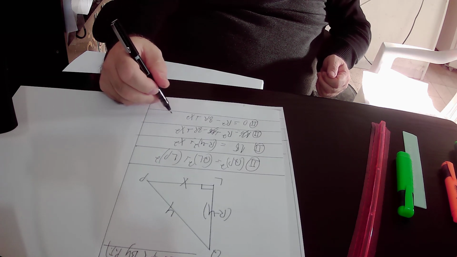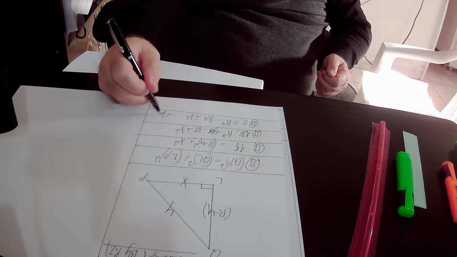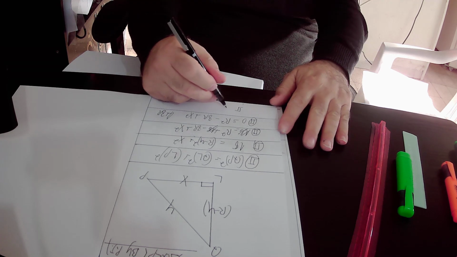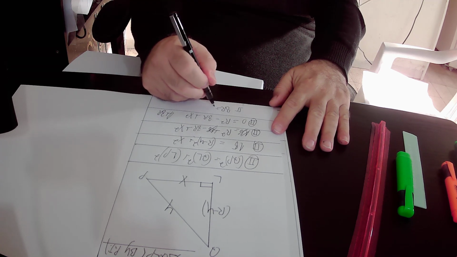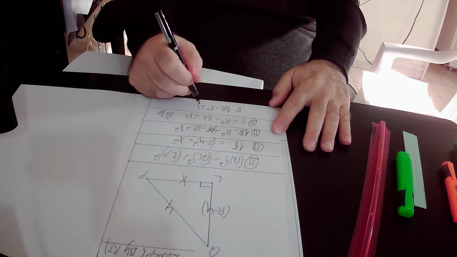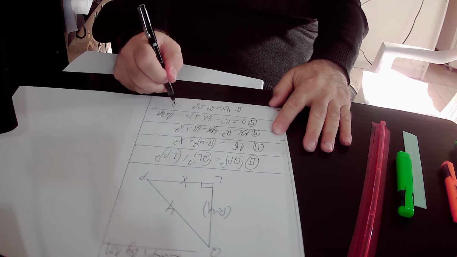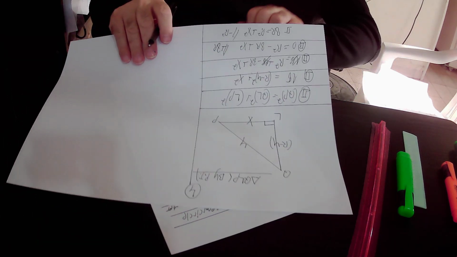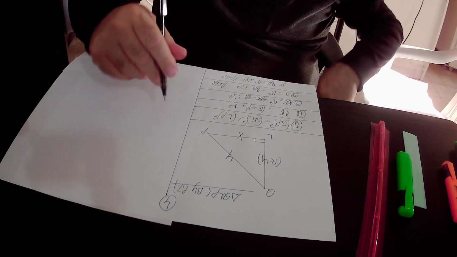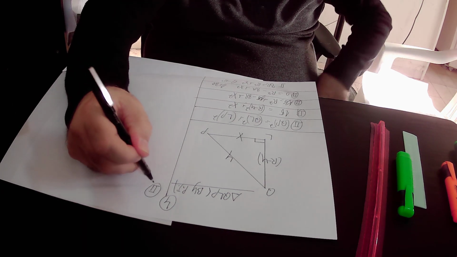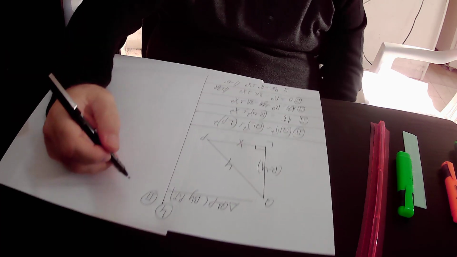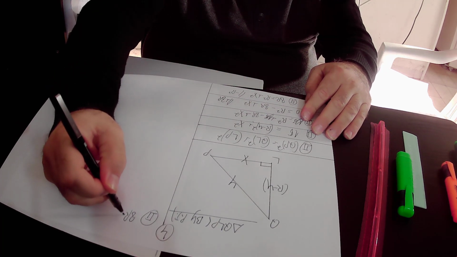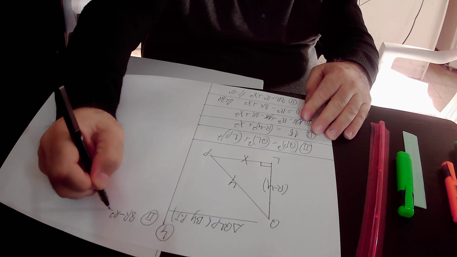Here we will add 8R to this equation, equation number 2, and we get that according to equation number 2, 8R equals R squared plus x squared. So here we will subtract R squared from this equation, and we get that according to equation number 2, 8R minus R squared equals x squared.